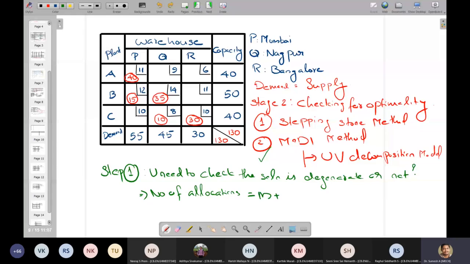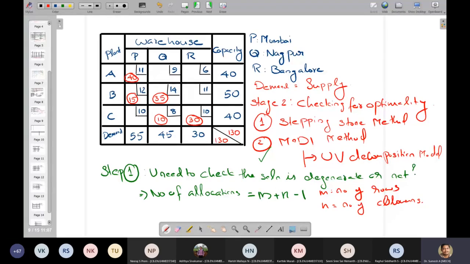The number of allocations should be equal to m plus n minus 1, where m is the number of rows and n is the number of columns. So how many allocations do we have here? We have five allocations.